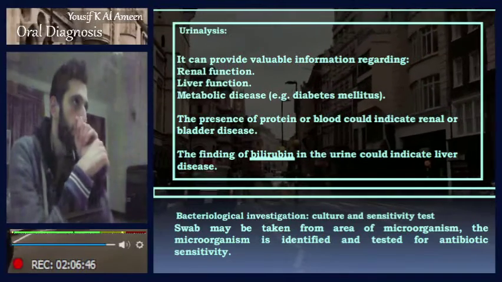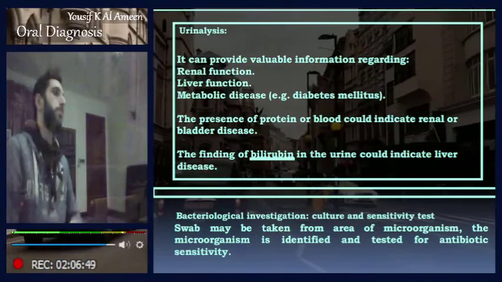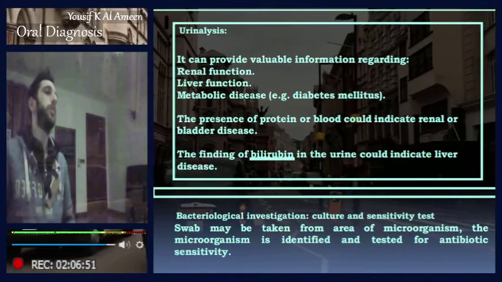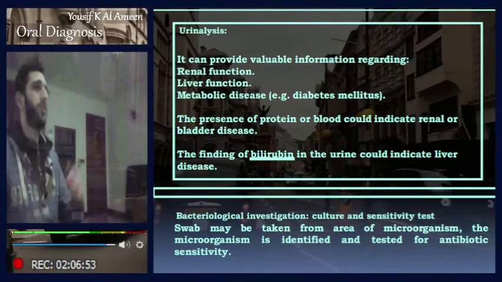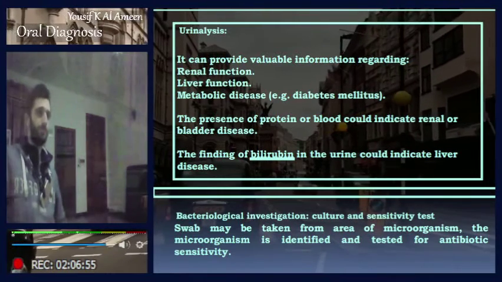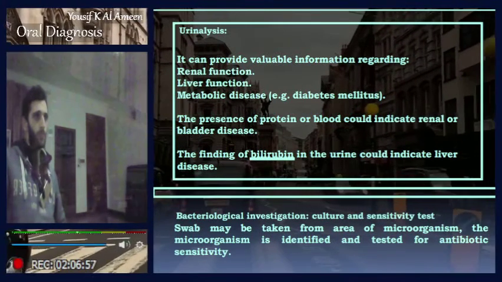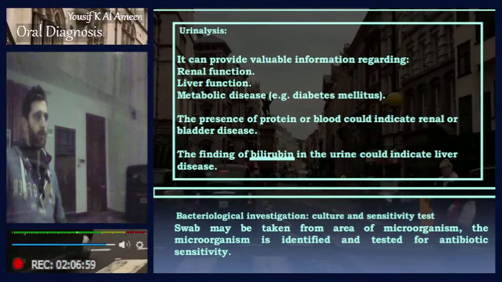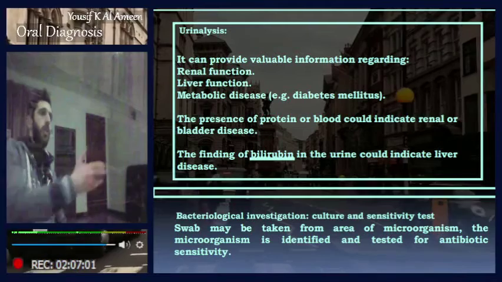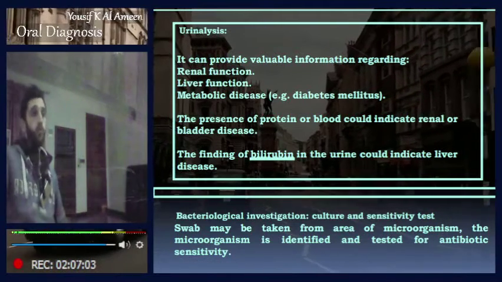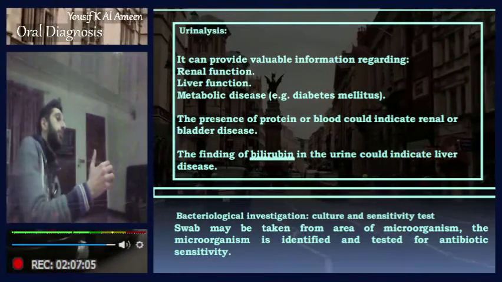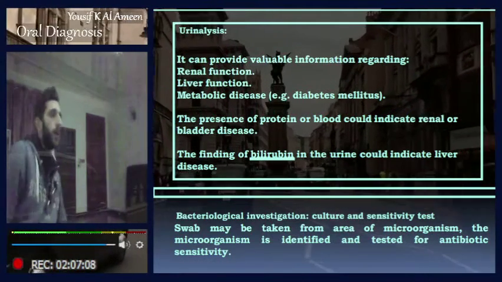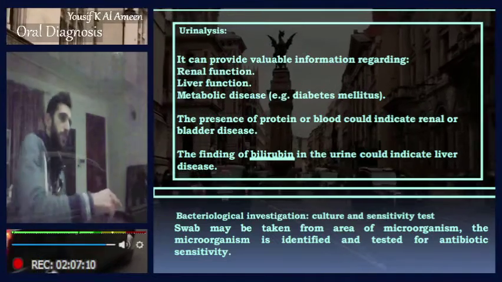The presence of protein or blood in urine could indicate renal or bladder disease. The finding of bilirubin in urine could indicate liver disease.